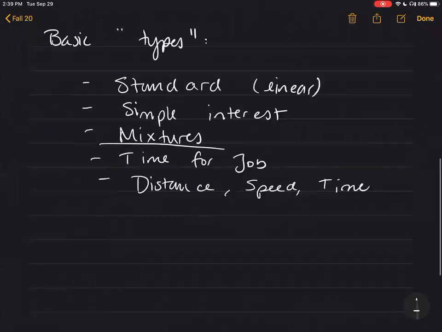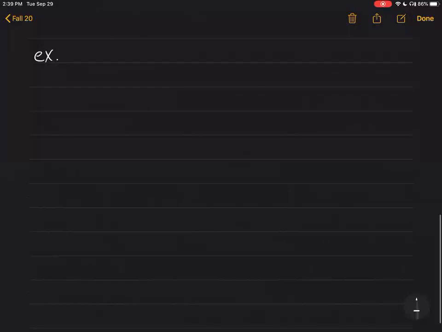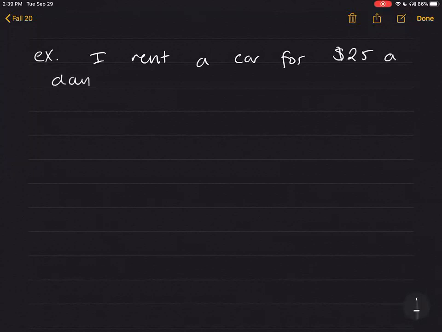So let's go ahead and do a standard linear word problem. I rent a car for $25 a day and 20 cents a mile.